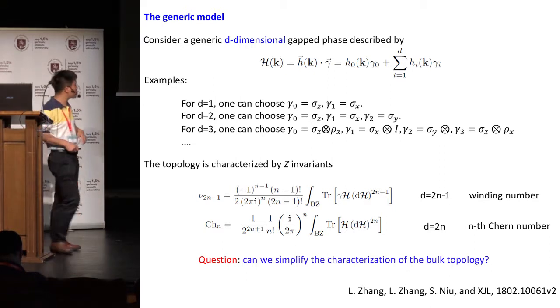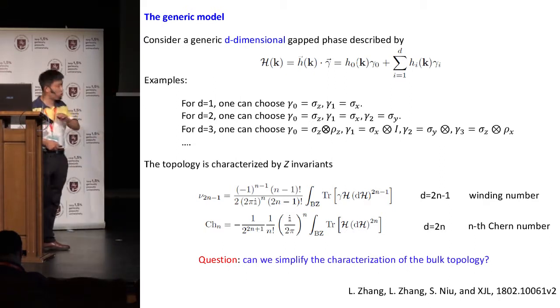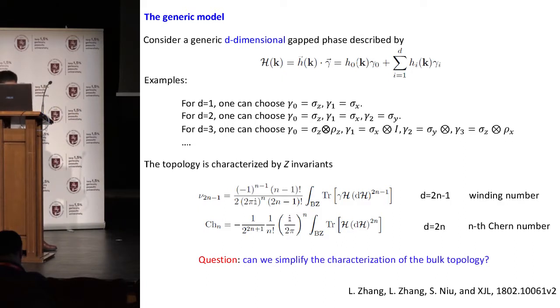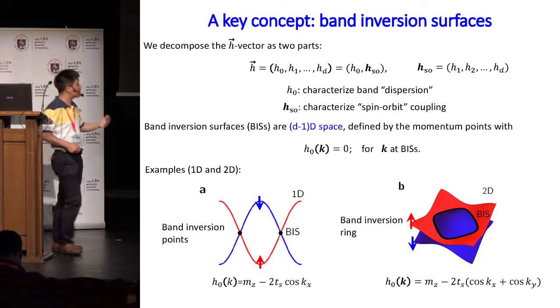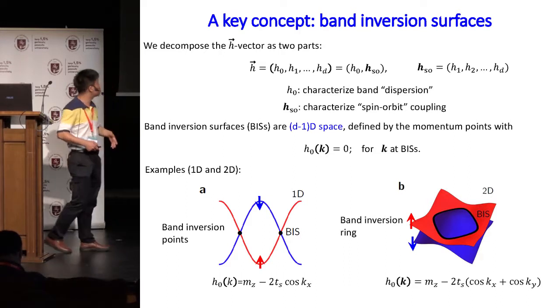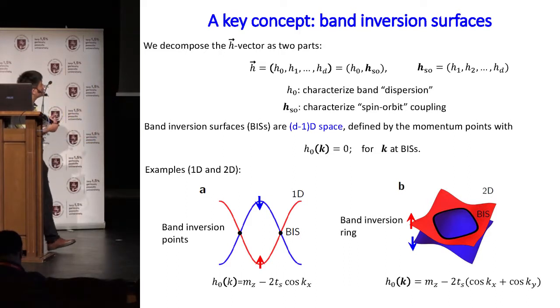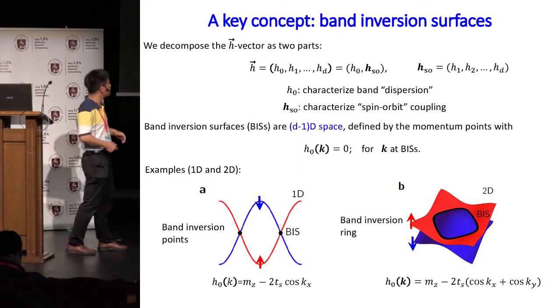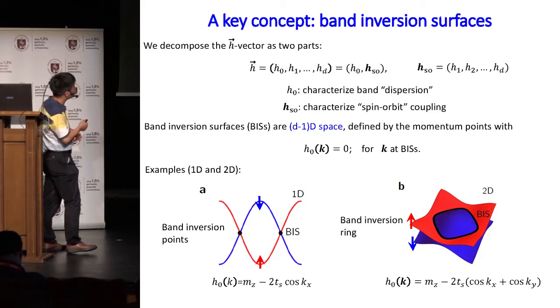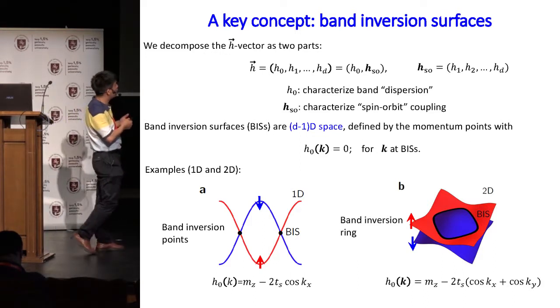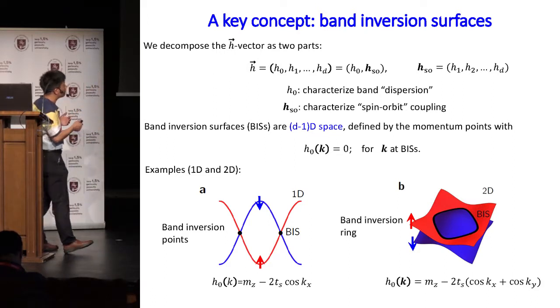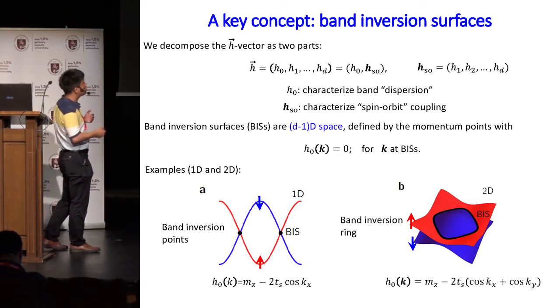So the first question is, can we simplify the characterization of the bulk topology of the system? To simplify the characterization of topology, we shall introduce a very important concept called the band inversion surface. So what is the band inversion surface? For this h vector in the d-dimensional case, it has d+1 components.